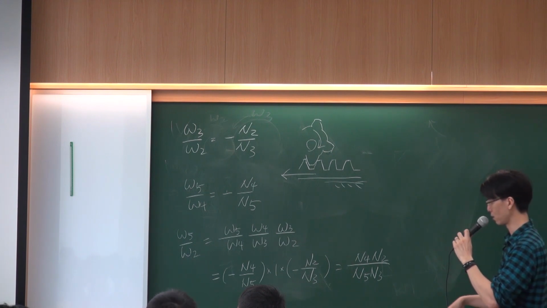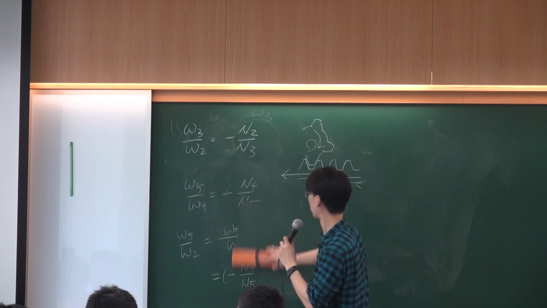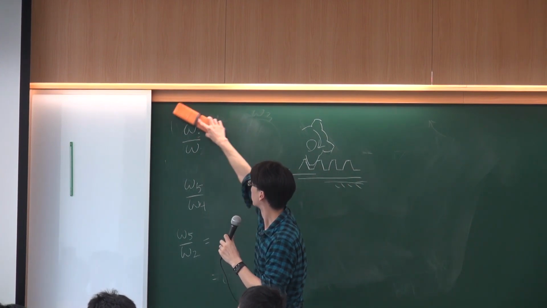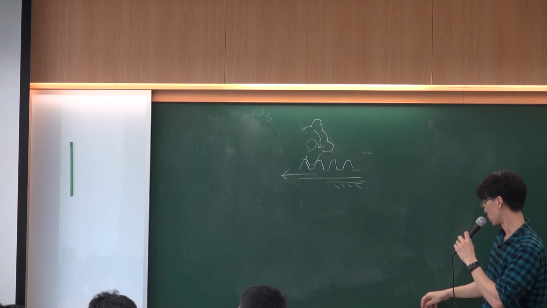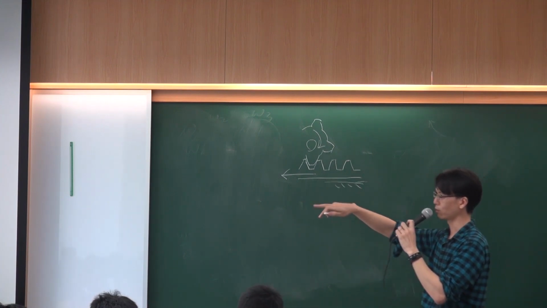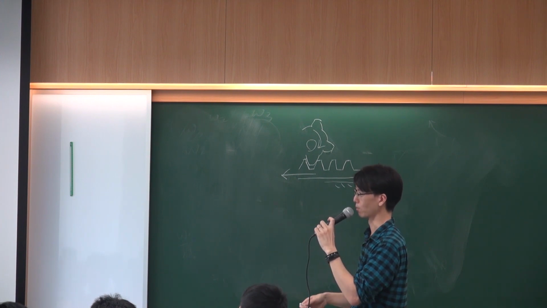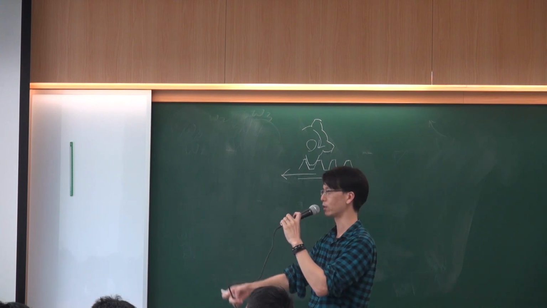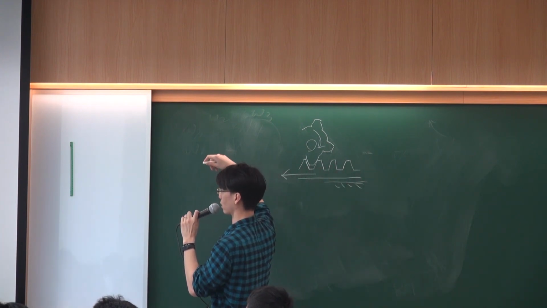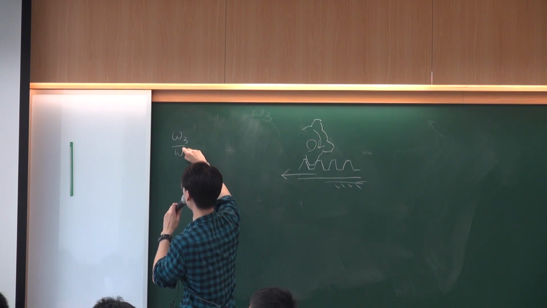Okay, so let's try to solve this one. From 2 to 3, they are just a pair of external gears. They are a pair of bevel gears, but bevel gears work the same way as external gears. So I start from omega 2.